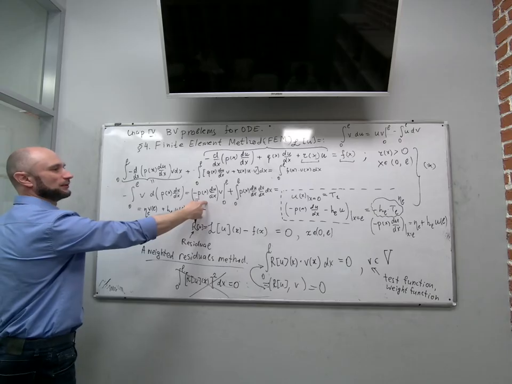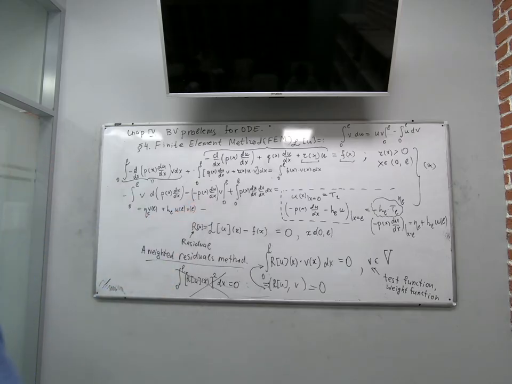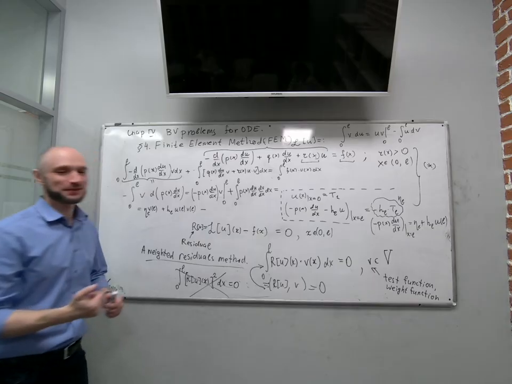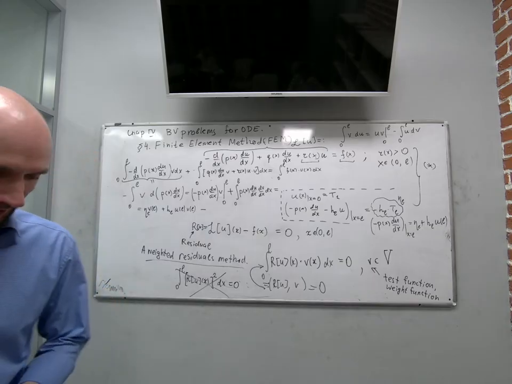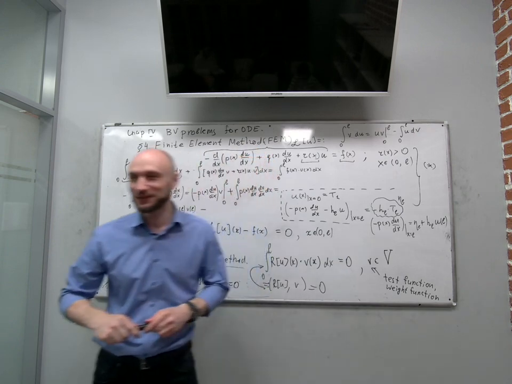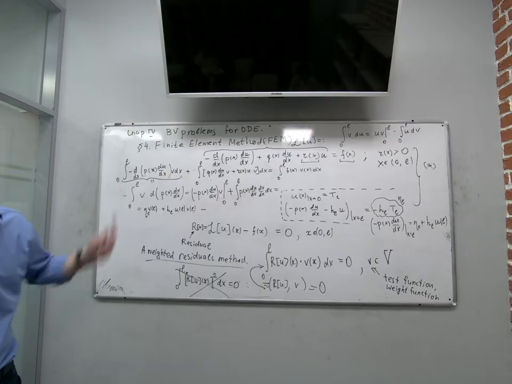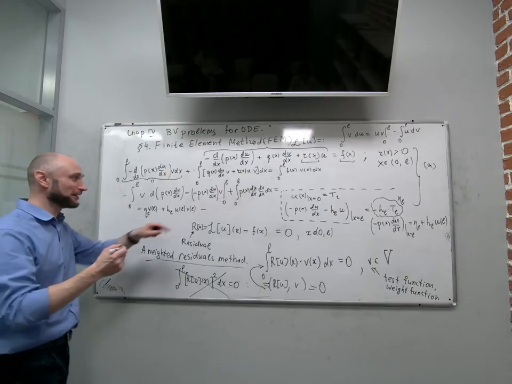But we don't know anything about the derivative of our function on the left-hand side. Right? And here comes the trick, which strictly speaking requires justification. But I don't have time to justify this trick.